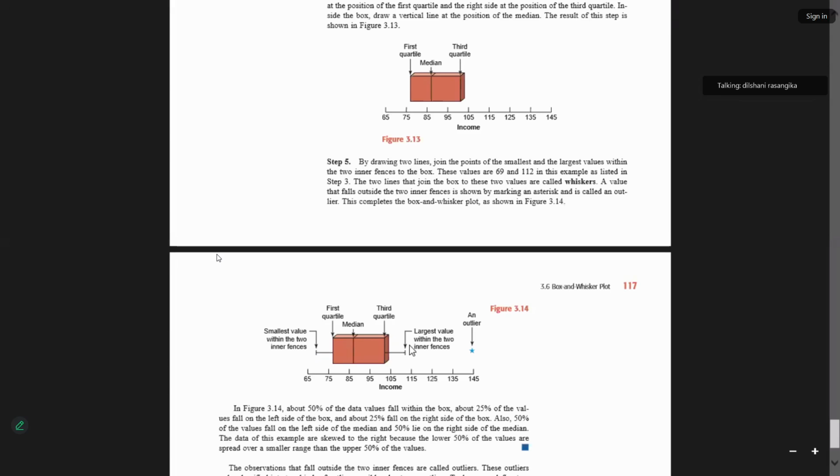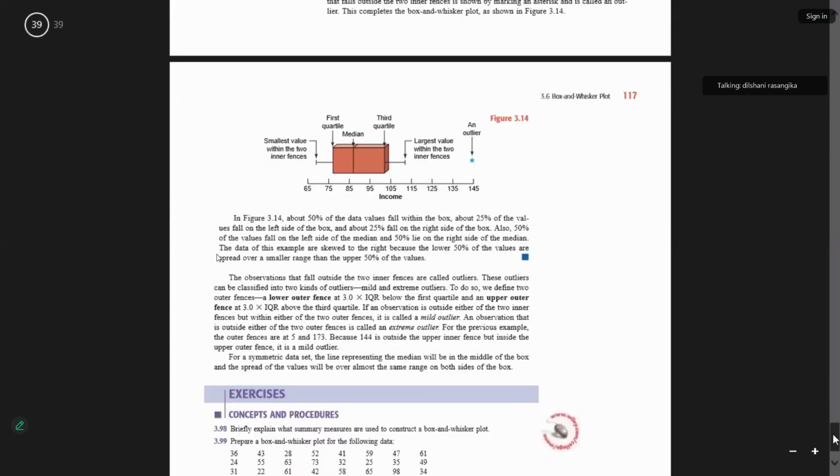So if any value is placed outside this limit, we can identify it as an outlier, right? After marking the smallest value and the largest value within the two inner fences, and connecting those values to the box, if any value is less than this one or larger than this one, then we can identify those values as outliers, right?